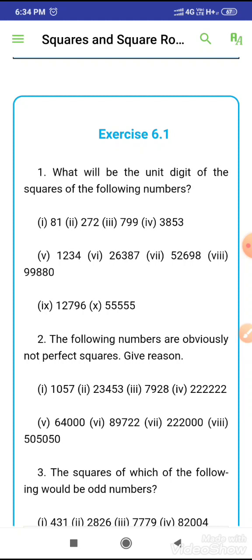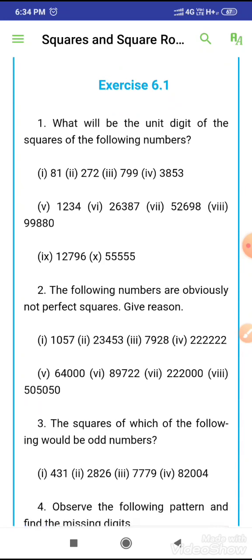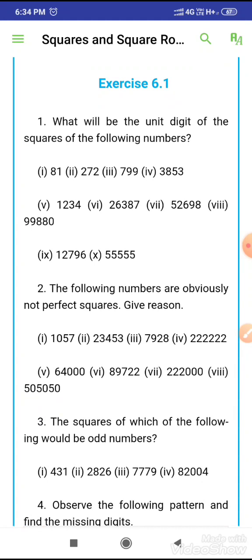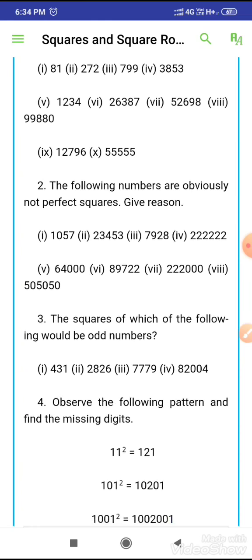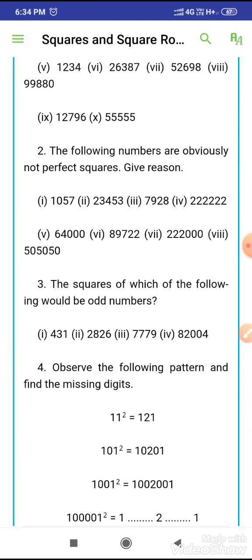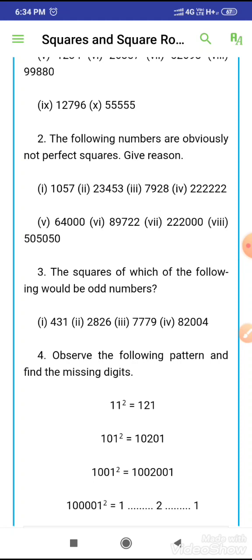So the first number is 1057 and the unit place of this number is 7. So this is not a perfect square number because it ends with 7. The second number is 23453. This number is also not a perfect square because it ends with 3. Similarly, in the third part, the number ends with 8.